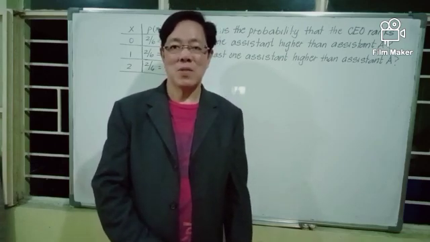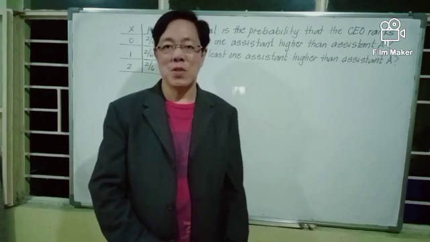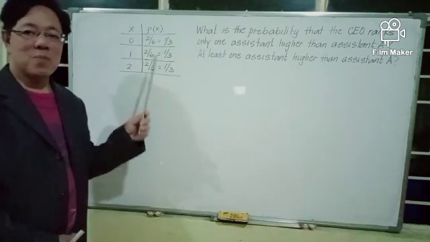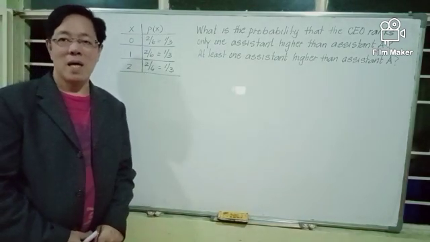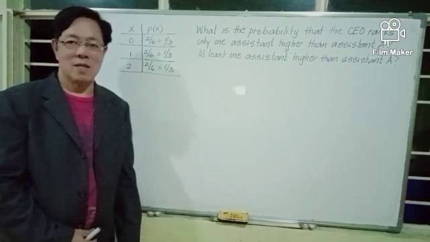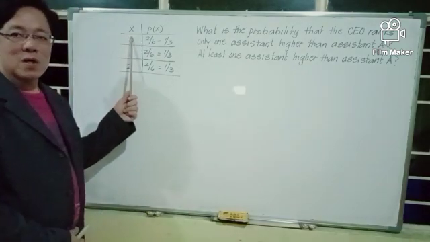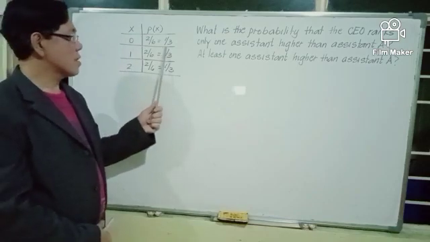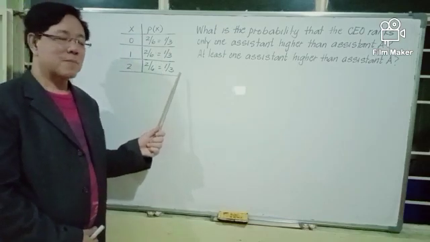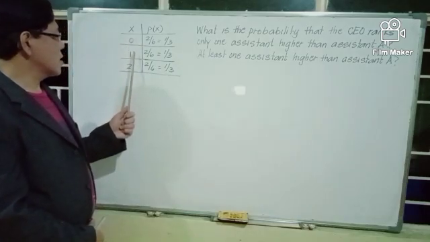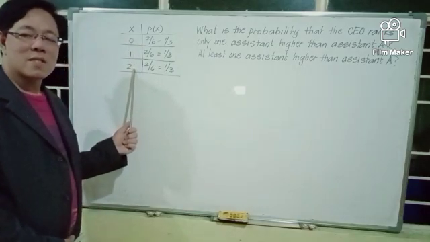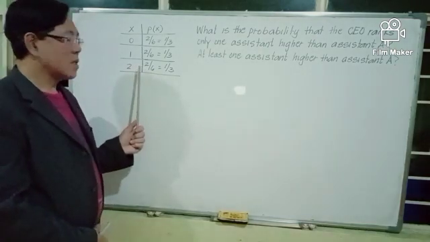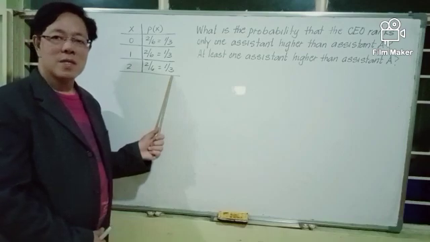We have constructed the probability distribution for the discrete random variable x for the number of assistants who rank ahead or higher than assistant A. The possible values of x are 0, 1, 2, and these are the corresponding probabilities. For x equals 2, the number of assistants who rank higher than assistant A is 2, and the probability is 1 over 3.